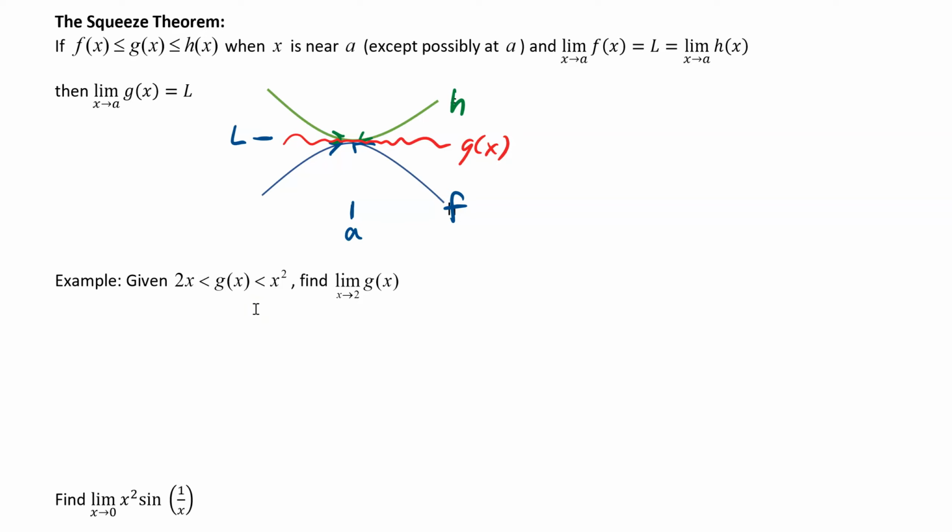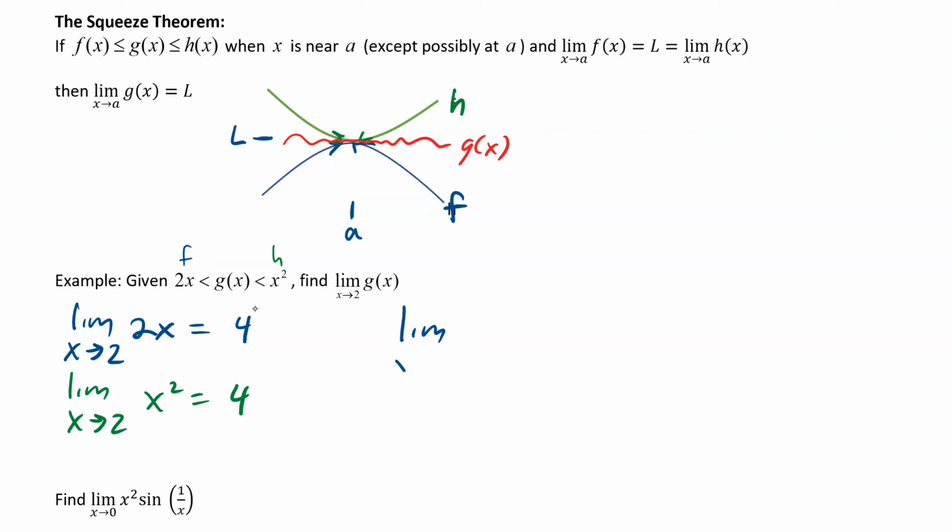So let's start with the bottom one. We'll call this one f, and we'll call this one h so it matches above. The limit as x approaches 2 of 2x is 4. And the limit as x approaches 2 of x squared is also equal to 4. So the limit as x approaches 2 of 2x is equal to the limit as x approaches 2 of x squared, which is equal to 4.